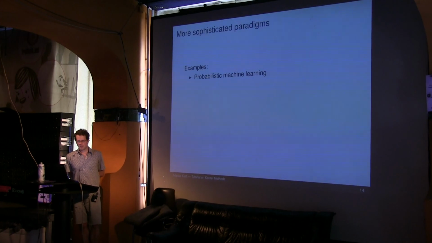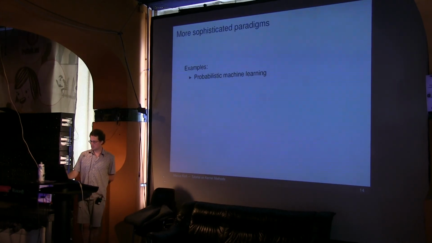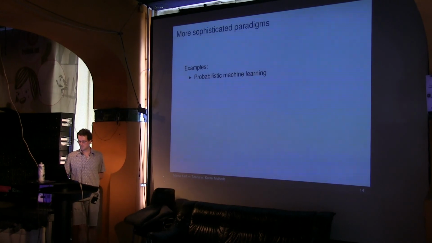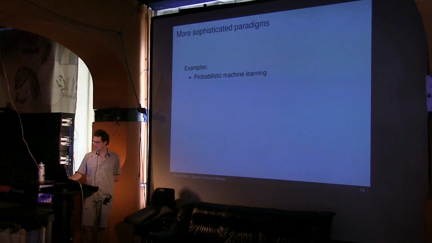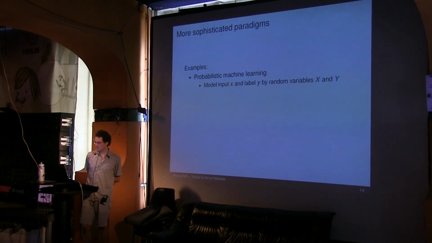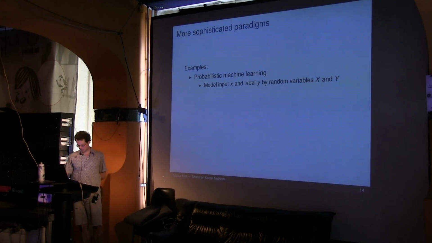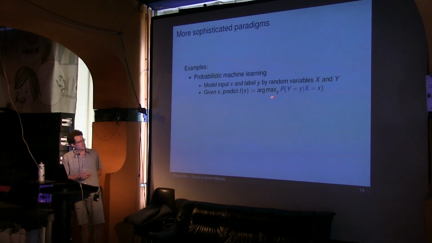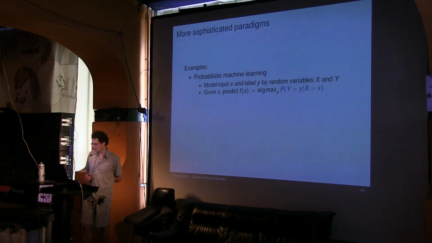There are, of course, much more sophisticated algorithms, as already mentioned by Heiko, so let me make this really brief. There's an area of machine learning called probabilistic machine learning, where you model the inputs and labels by random variables, and then you essentially try to predict the label that is the most likely for the given data instance.